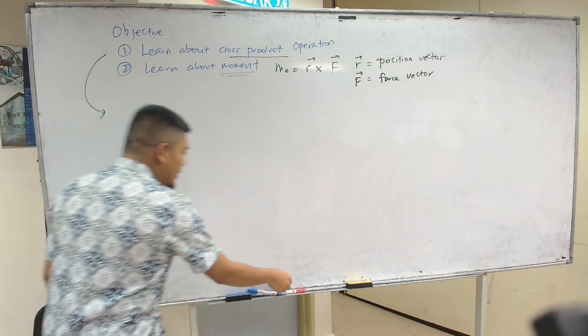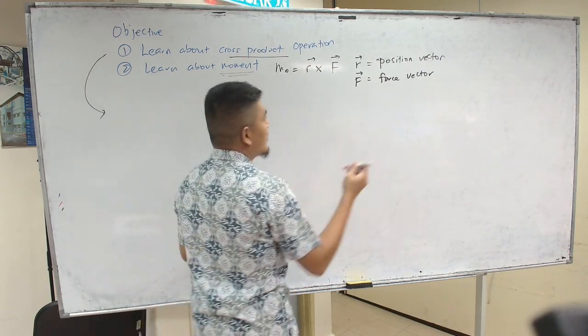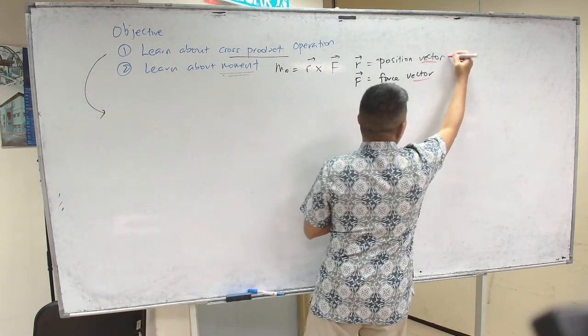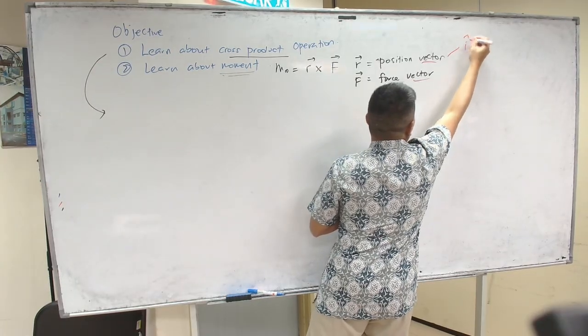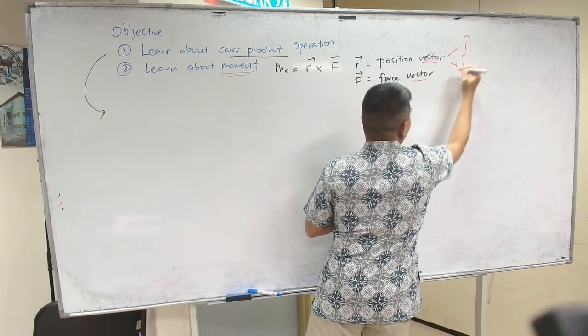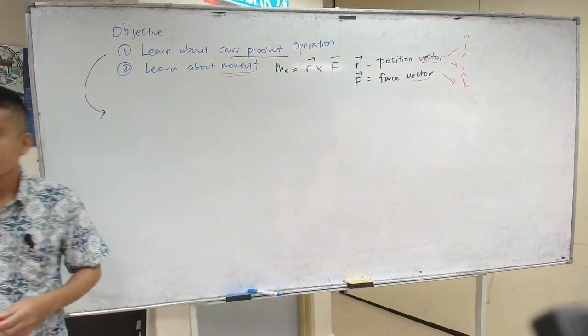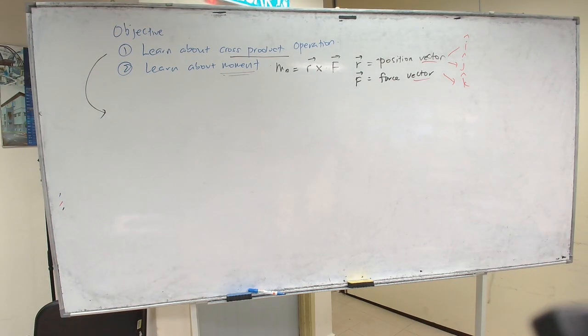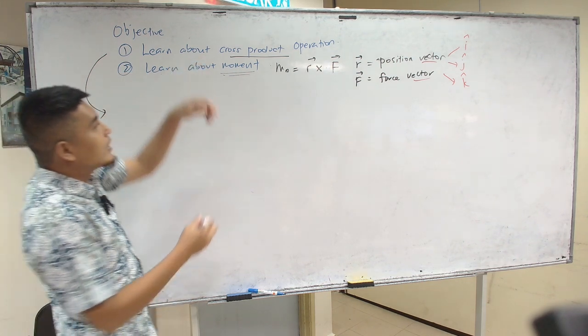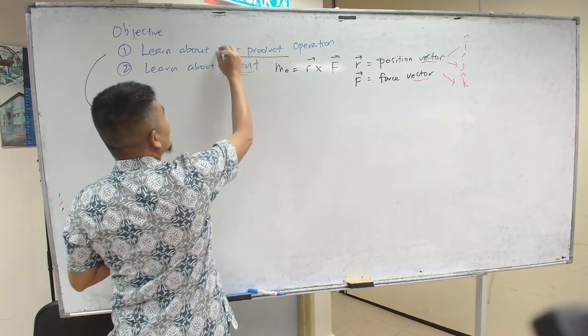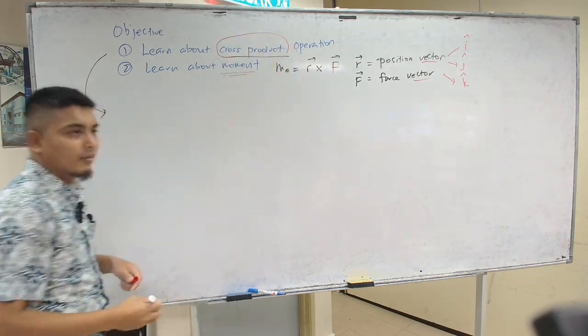So when we talk about vectors, for sure they have I, J, and K direction. When we talk about vectors, they always have direction, which is I, J, and K. Okay. So now I will teach you first how to do the cross product operation.